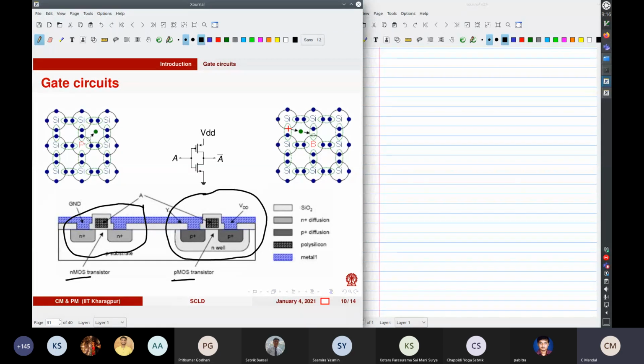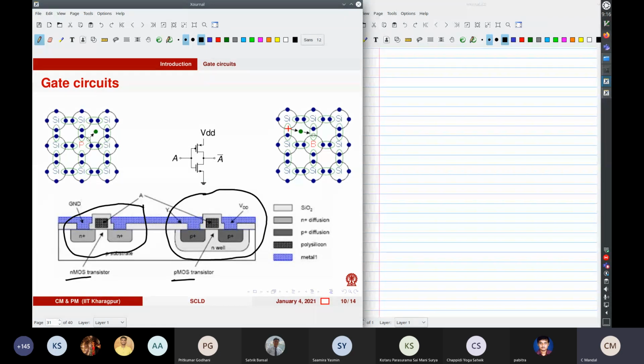You can see each silicon has 4 bonds. Pure silicon is not a good conductor, because the electrons are all bound up in these bonds as shown over here, so they can't really move.